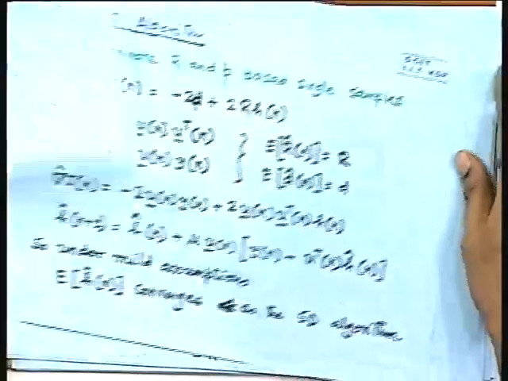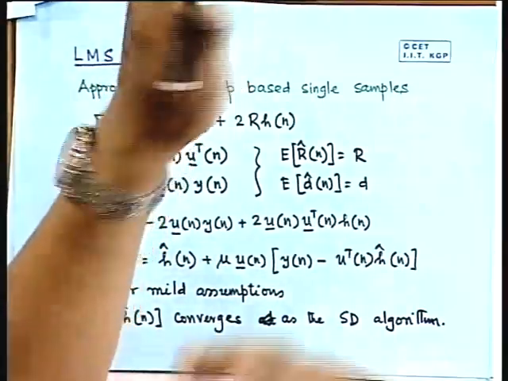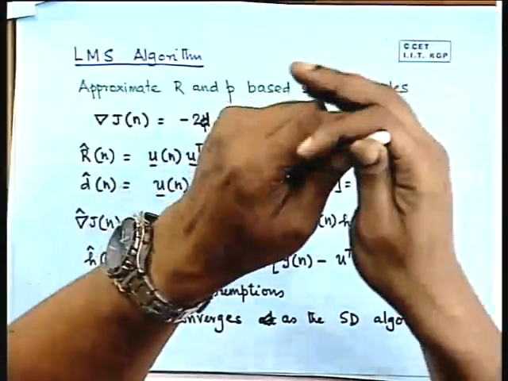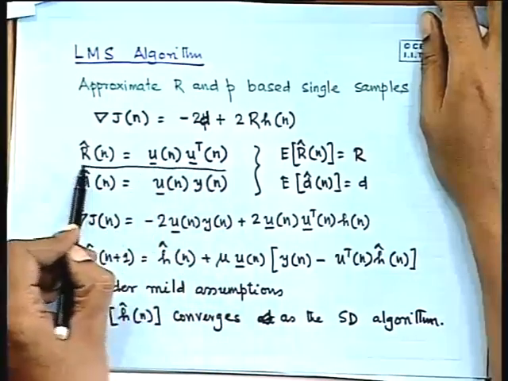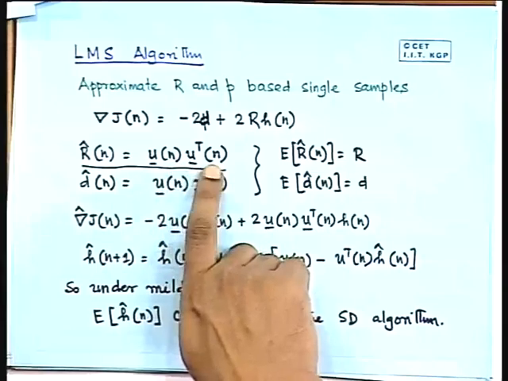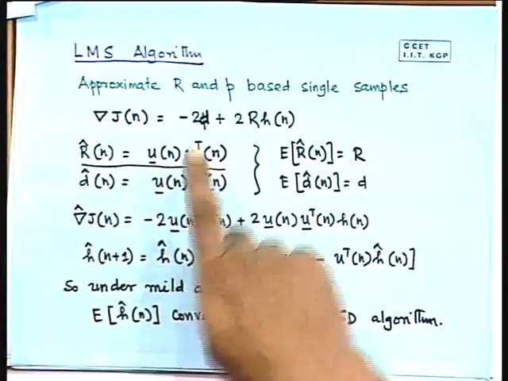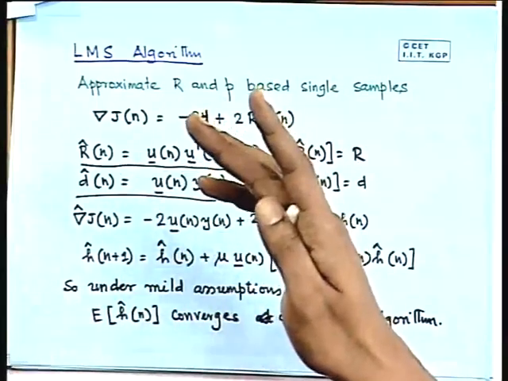So what you do, even fully knowing this, you want to do it sometimes. There we estimate R like this. You see, I have not taken an average, simply one term, u(n) u transpose(n), and then d(n) is simply u(n) y(n), again one term.